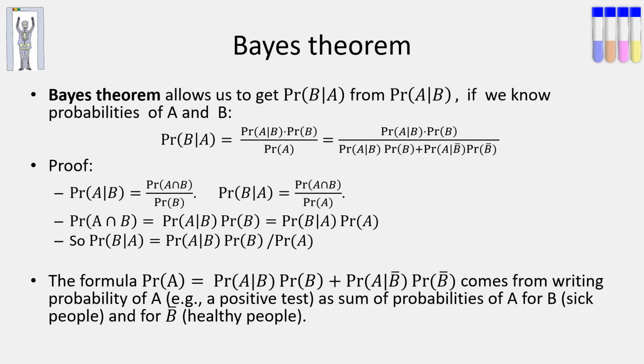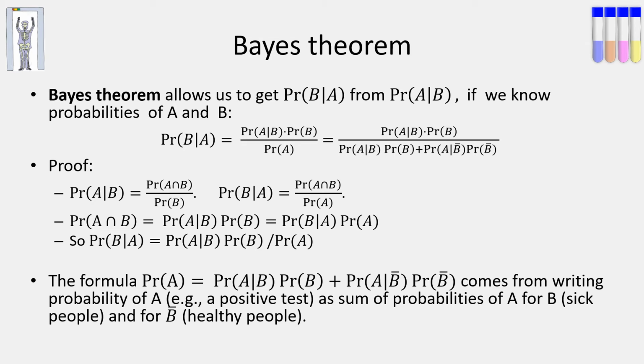In both cases, we have probability of both A and B, and in one case, for A given B, it is divided by probability of B, and in the other case, for B given A, it is divided by probability of A. So now let's multiply the first one by probability of B and the second one by probability of A, and we get two expressions that are both equal to probability of A and B. So we get two expressions that must be equal.